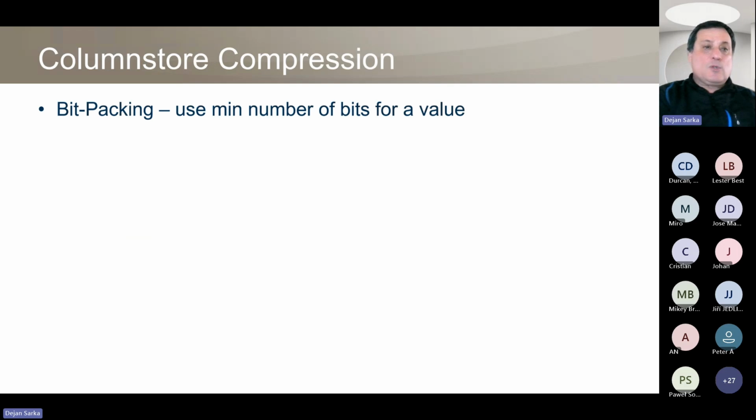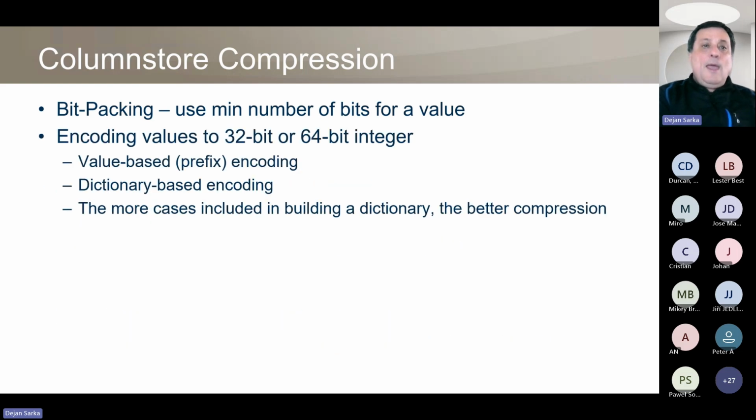First we use bit packing. This is similar to row compression, just not on byte level, we go on bit level. So even an integer, like the number 5, doesn't need to use 8 bits. We can compress it to 3 bits only, and so on.